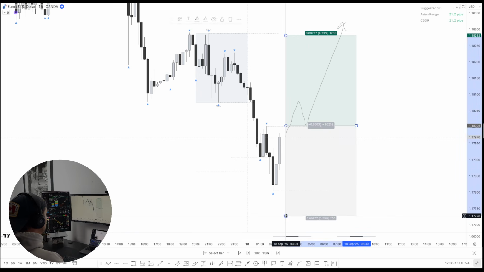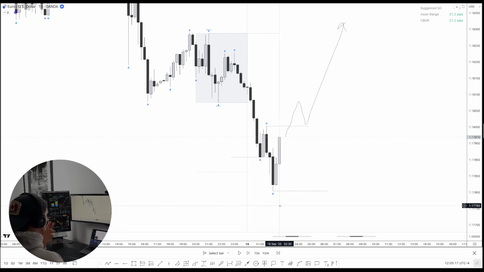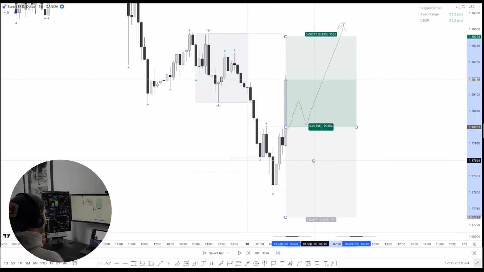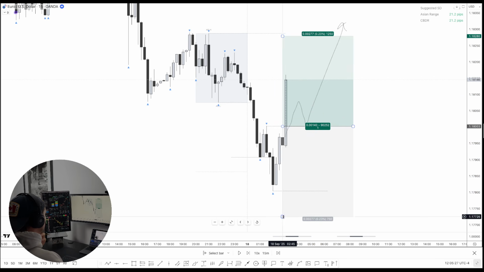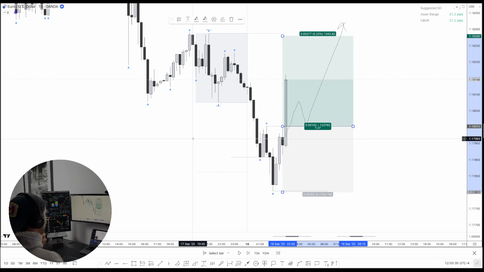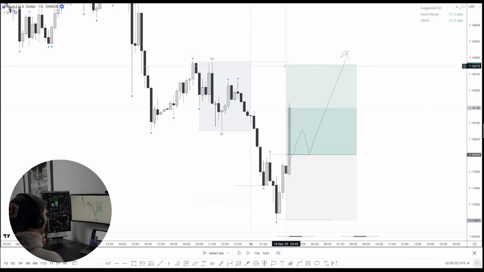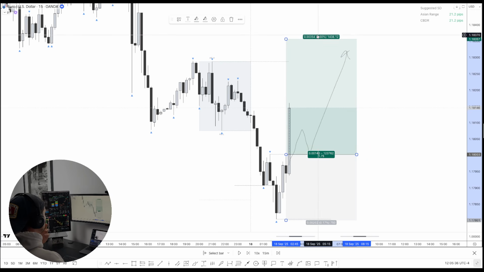So what I will try and do is wait for price to give me a clear answer. Nine times out of ten, I will see price doing something like this. So in this instance, for example, I would have used something as simple as a buy stop entry, right? I would have then put my stop loss below this low, and I would have been trying to target something just above this Asia range high, which would be my key buy side liquidity area.